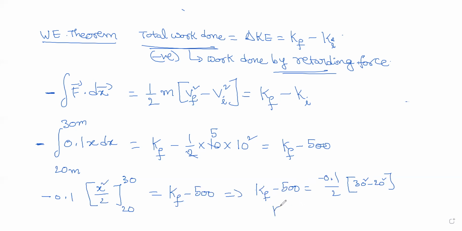K final is 500 minus 0.1 times 500 by 2, which is 250, right? So I got K final as 500 minus 0.1 into 250, which is 25. So I get 475 joules.